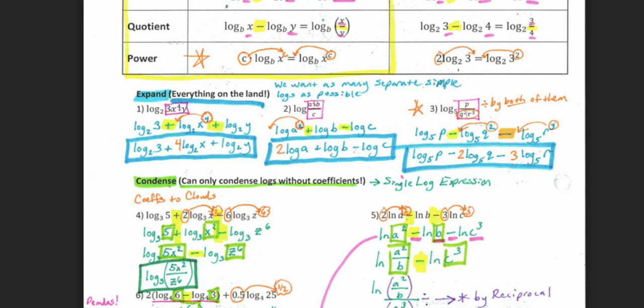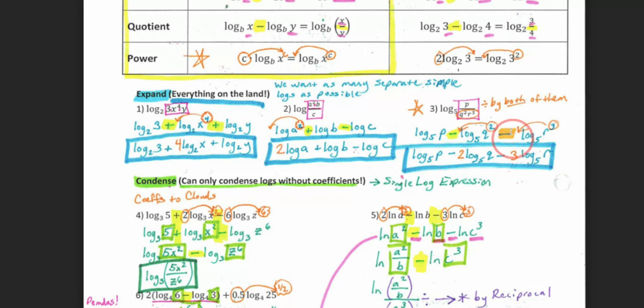So even though q squared and r cubed are joined by multiplication, the operation that is joining it to the other answer part is division. So when I go to separate this or expand it into three separate logs, we get log base 5 of p minus log base 5 of q squared, and then minus log base 5 of r cubed.